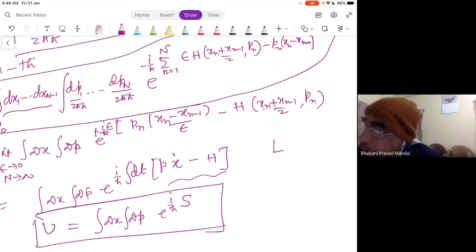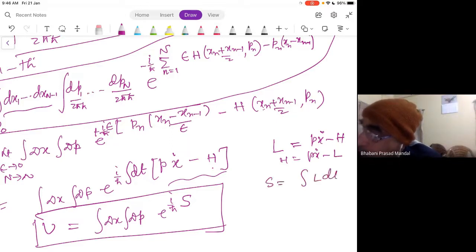This p x dot minus H is nothing but your L, right? Because you know H equal to p x dot minus L. So this action is nothing but the integral of L dt, from initial time Ti to final time Tf.